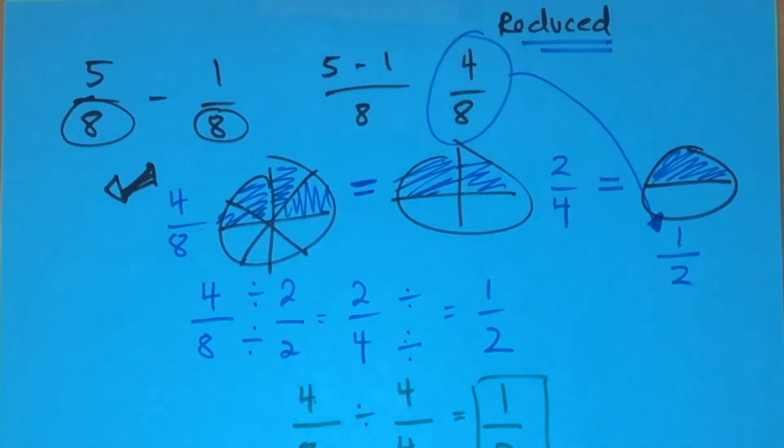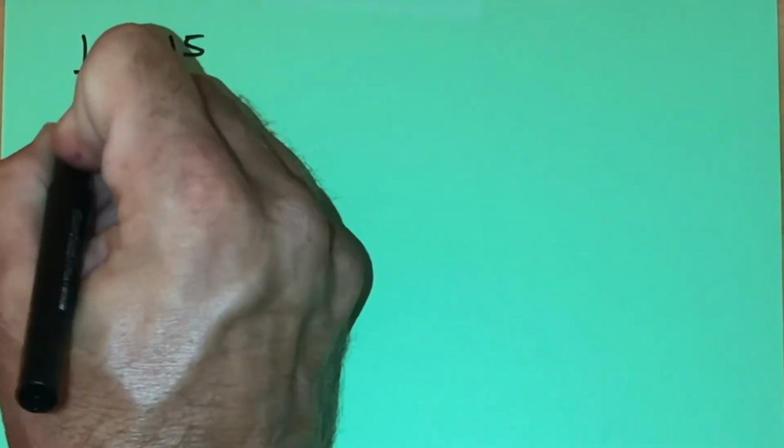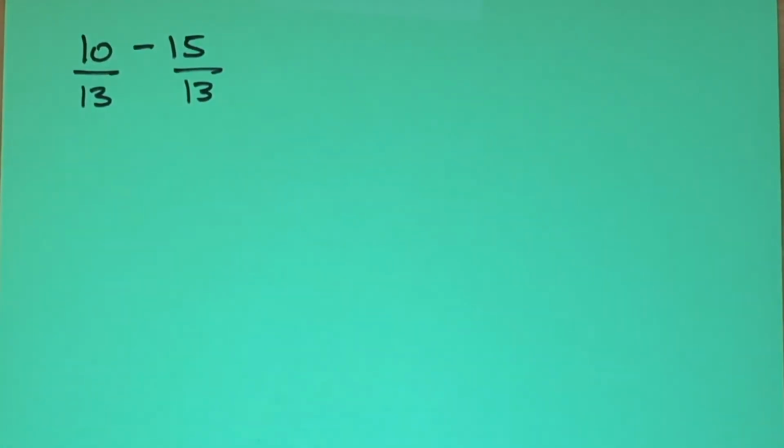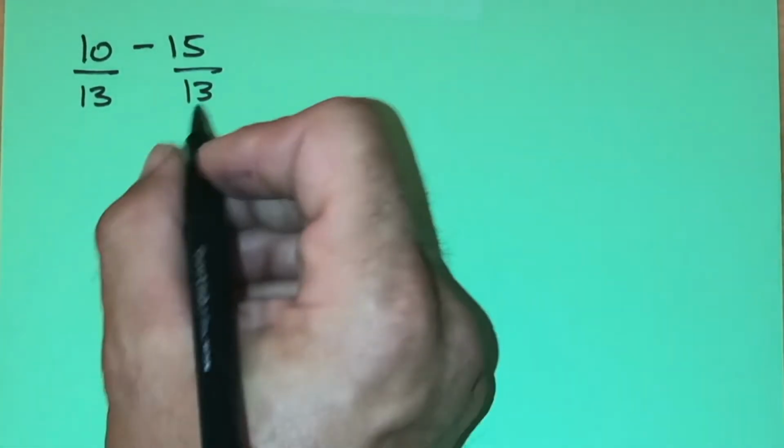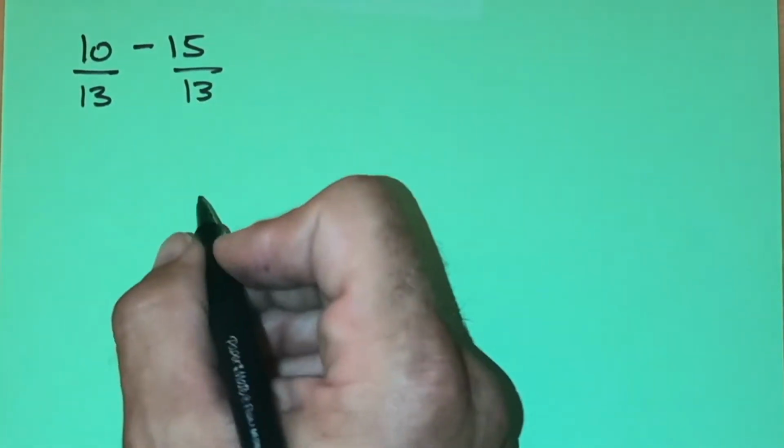I think another thing to consider while you're doing this is that when adding and subtracting fractions, especially subtracting, you may end up subtracting a bigger number from a smaller number. When you're subtracting, you're talking about difference.